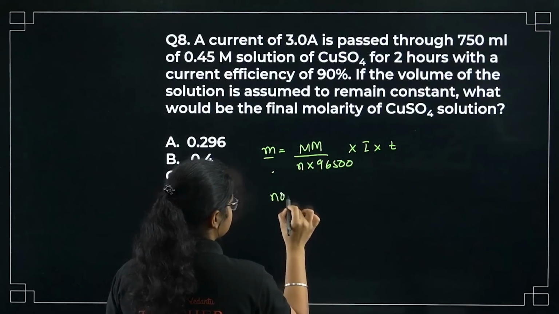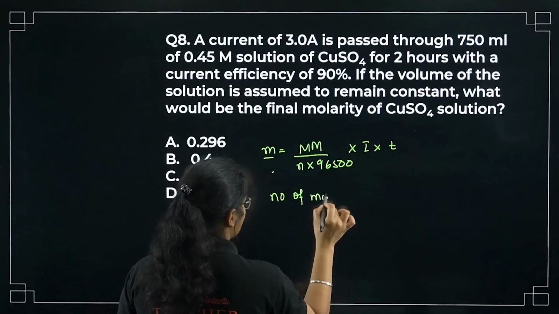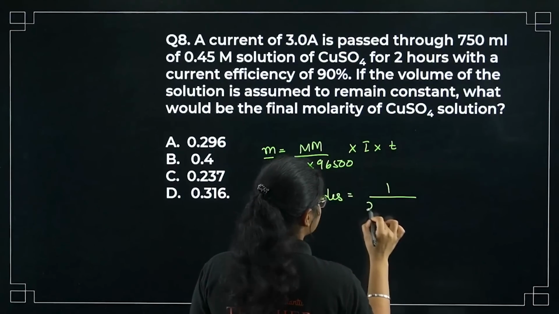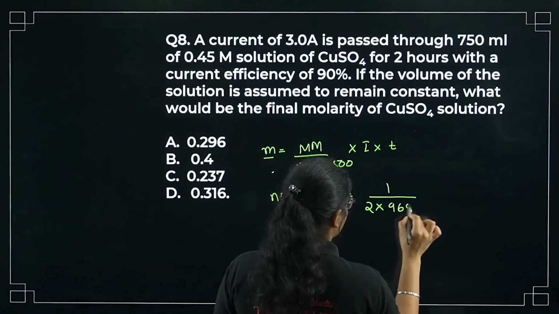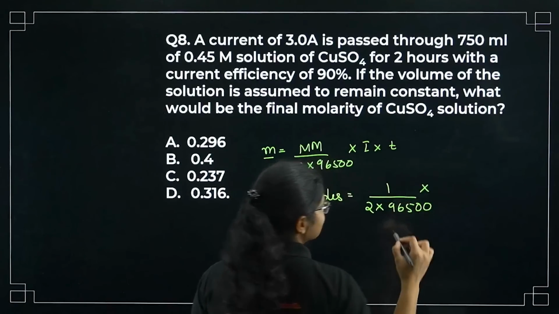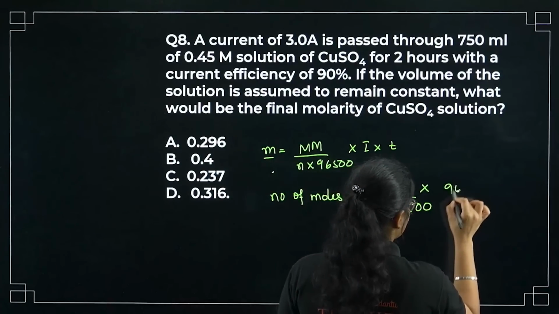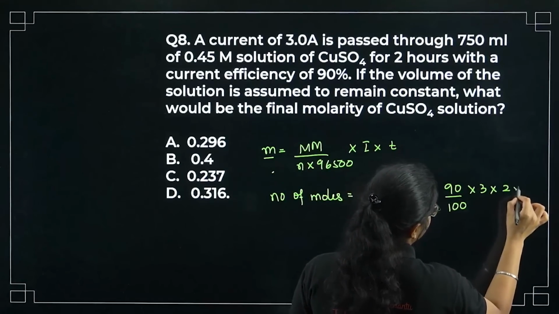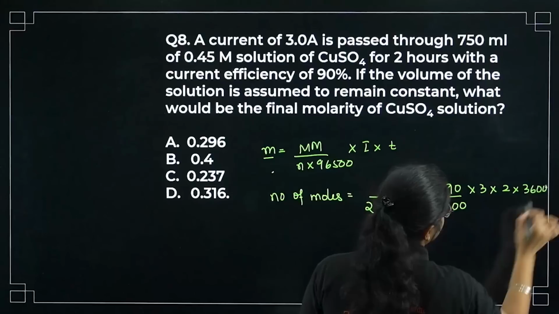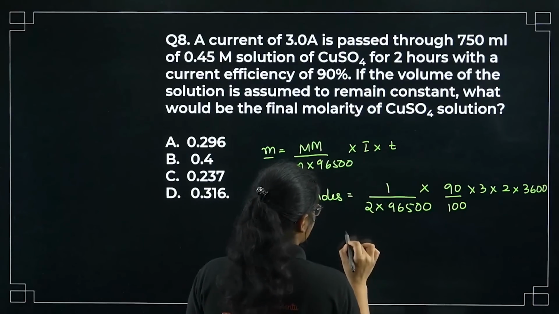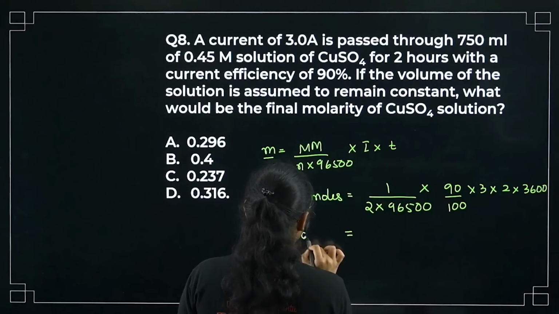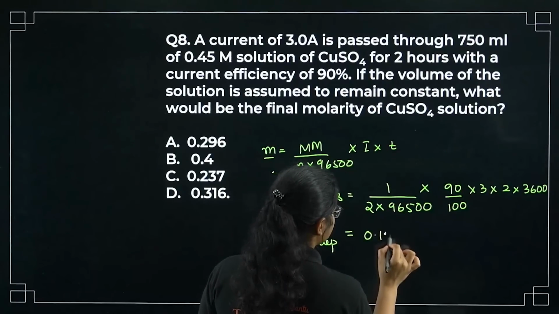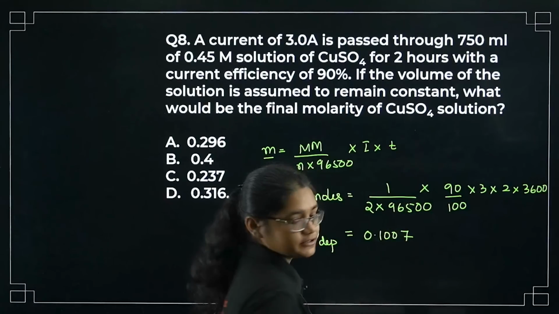Number of moles will be equal to 1 by copper n value is 2 divided by 96500, and current is 90% efficient, so 90% of the current, that is 3 ampere, time is 2 hours into 3600. Now if I solve this, the number of moles of copper deposited will be 0.1007. You can solve the calculation and check.